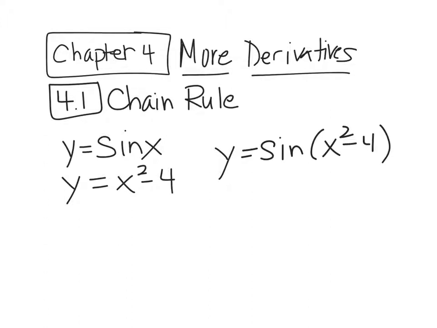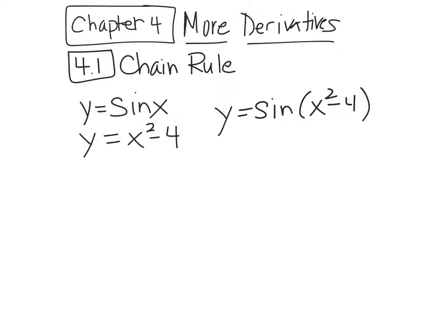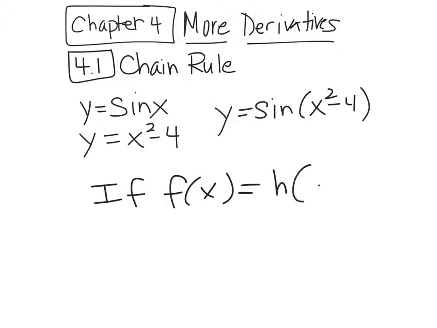And when you take the derivative of a composition of 2 functions, you have to do something called the outside-inside rule. So for example, if f of x is equal to h of g of x, like this up here, let's say that this is h of x, y equals x squared minus 4 is g of x, and then we want to take the derivative of h of g of x.